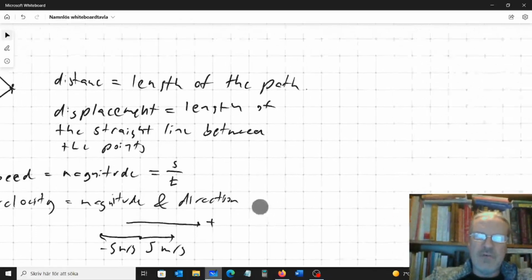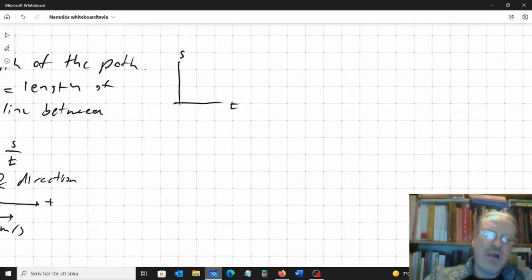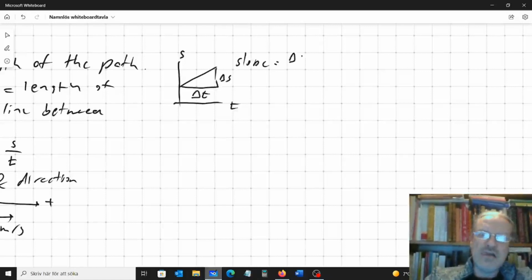We also have to remember a few things about some graphs. If we have an s-t graph, then the slope, calculated as change of s over change of t, equals the velocity.